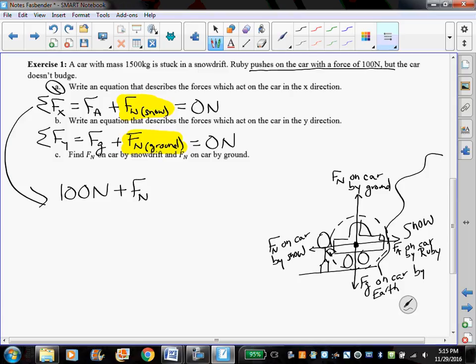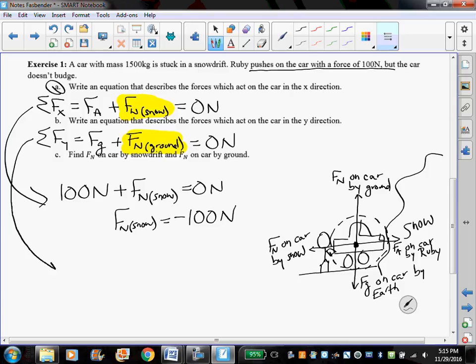So we will say 100 plus the normal force due to the snow has to add up to be 0. To find the normal force due to the snow, we subtract the 100 newtons to the other side, and the normal force due to the snow is negative 100 newtons. And that negative sign is important because it tells us that it is pushed to the left.